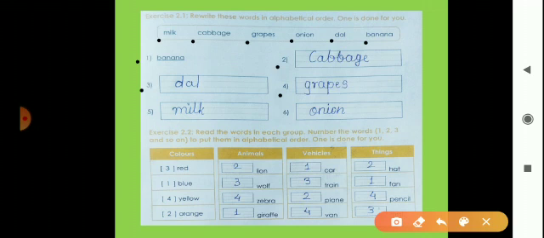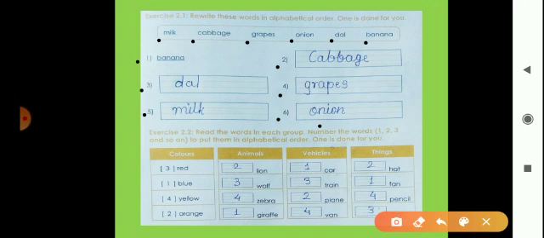So M comes first, then O in alphabetical order. So write milk. Okay, and after that O, so write onion. So we should write these words in alphabetical order. So banana, cabbage, dal, grapes, milk, onion. So we write these words alphabetically.